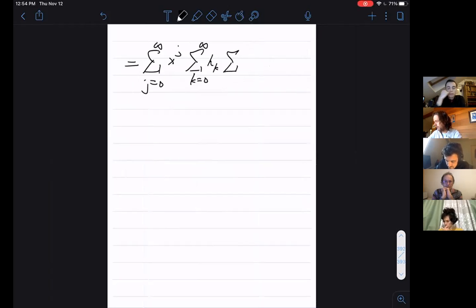I'm summing over the k different indices I have. They have to add up to j. And then each one of these comes with a product weight, which is h at j_l.